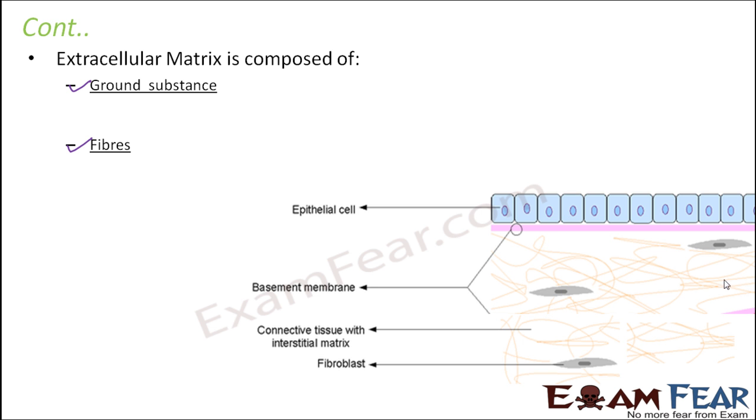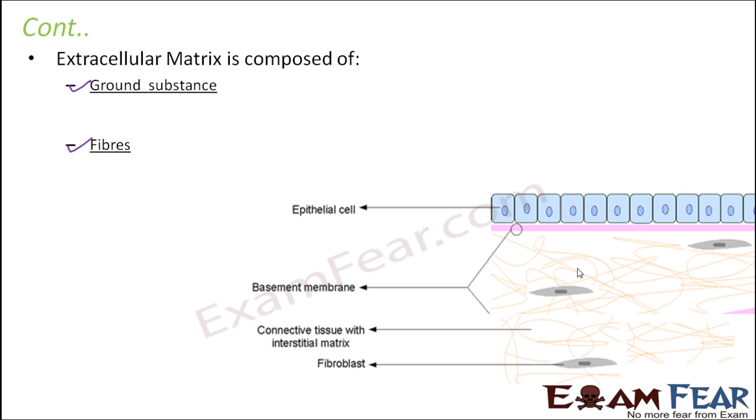And in this layer of connective tissue, you have some cells which are marked in dark color. These are the cells of the connective tissue, and the middle portion is filled with the matrix. Now, this matrix has some thin hair-like structures. These hair-like structures are the fibers.